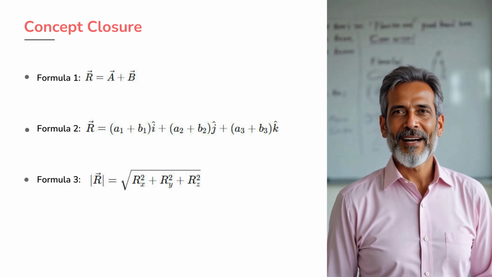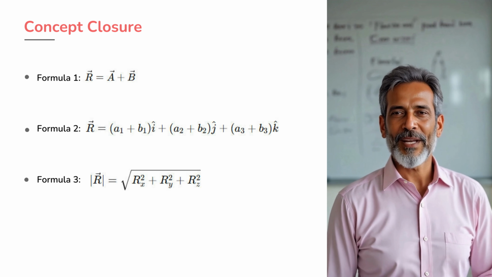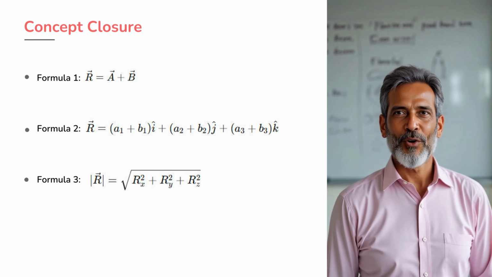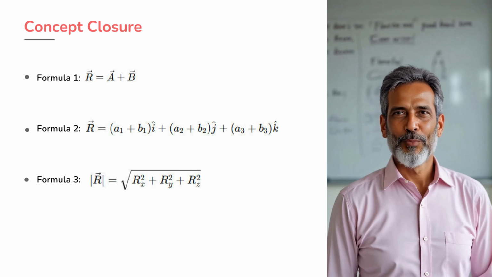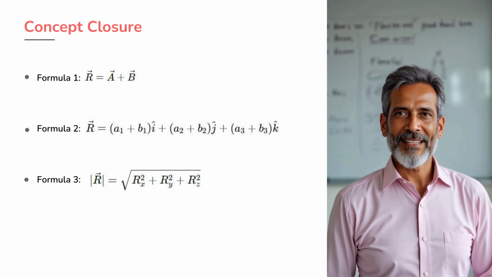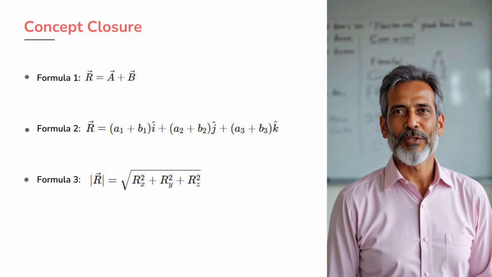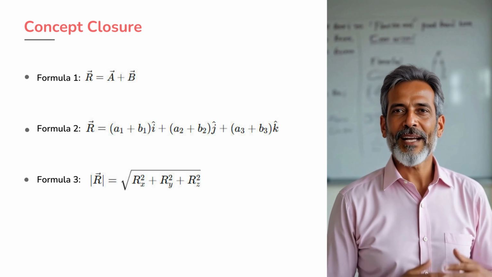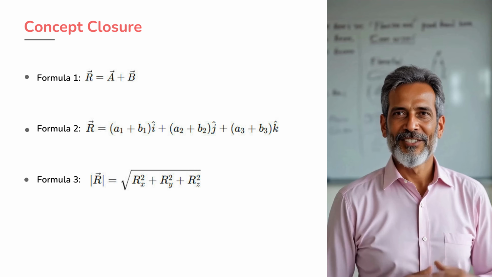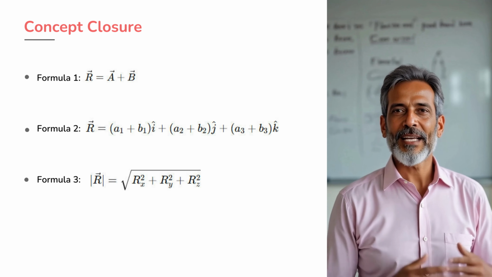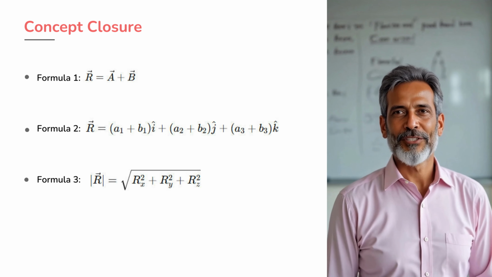Remember the key ideas. Vector addition obeys the commutative and associative laws, so order and grouping do not change the result. Geometrical methods, like the triangle and parallelogram laws, help us visualize vector sums. Component-wise addition simplifies calculations in both 2 and 3 dimensions.